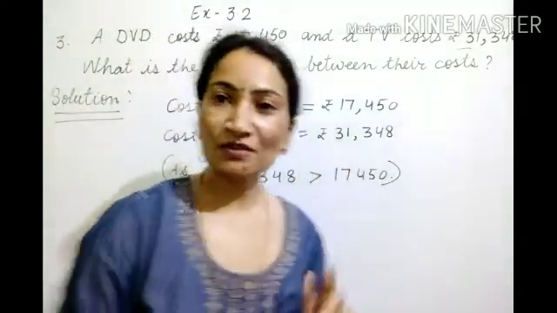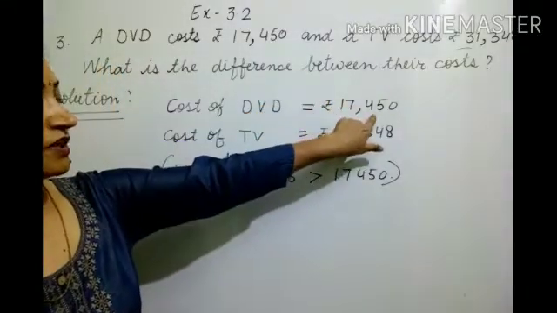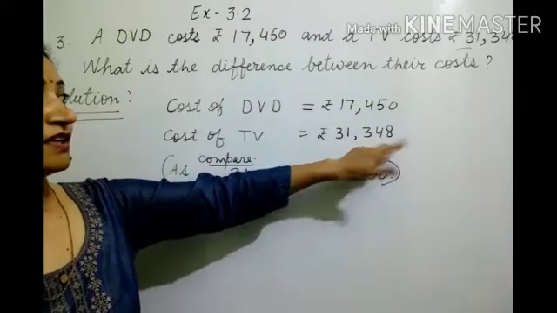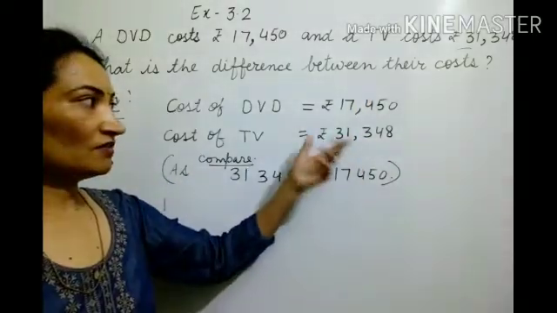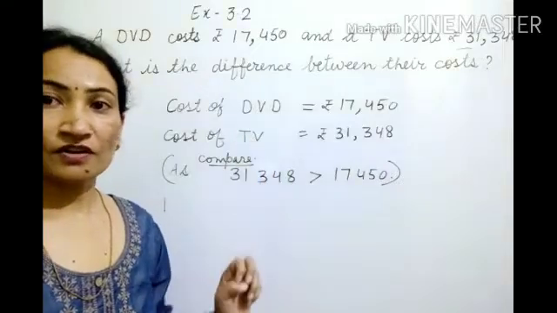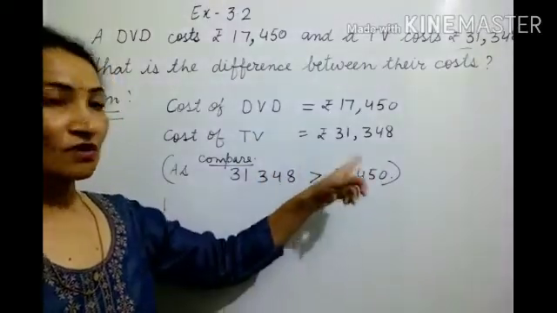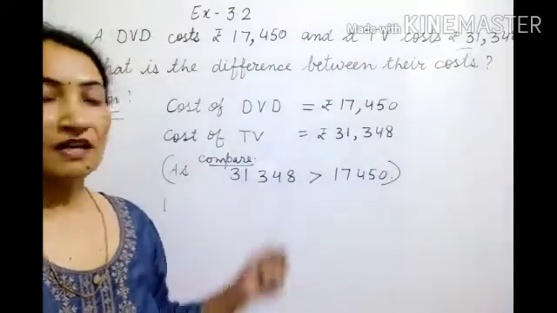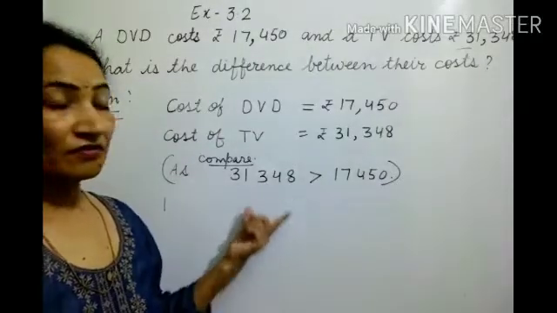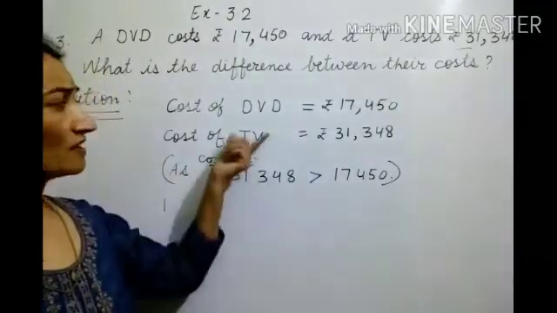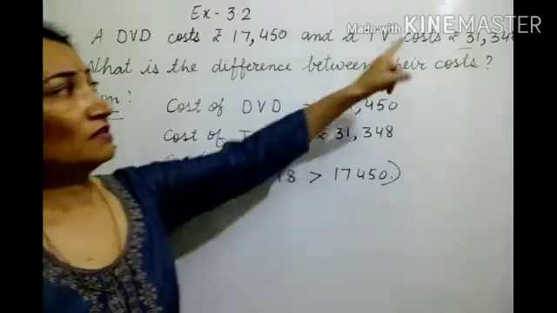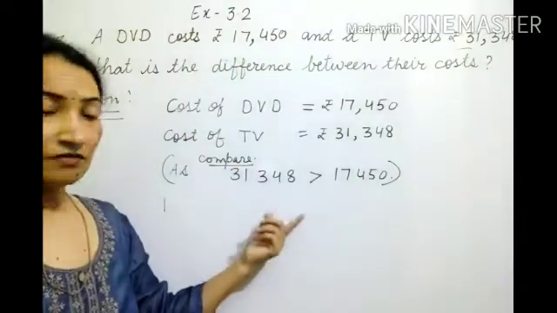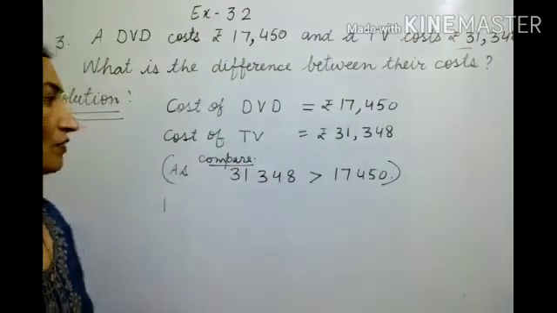Most of the students, what they do, they write 17,450 as the upper number and below it 31,348. They will not see which number is greater, which is smaller, whether subtraction is possible or not. First we see from which number we can subtract, and for that we compare both the numbers and find which number is greater, that we will write first. In our statement the cost of DVD is given first, but for that we will check ourselves, and now we will find the difference.